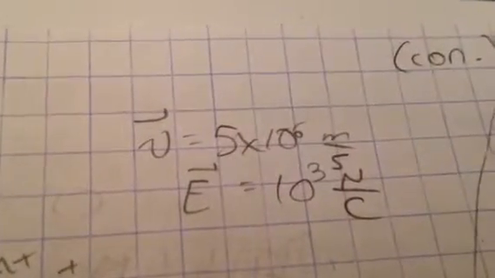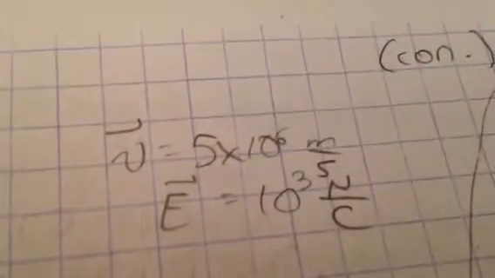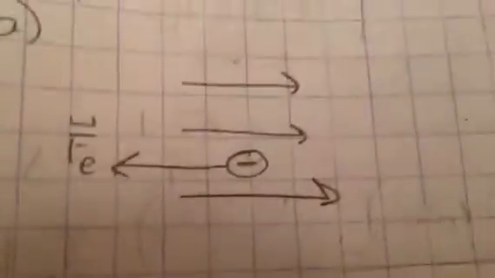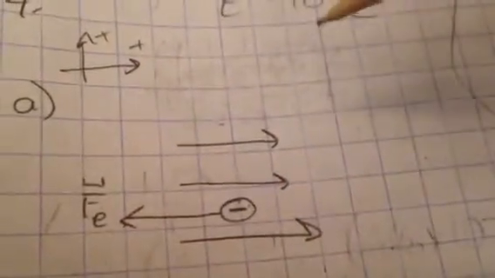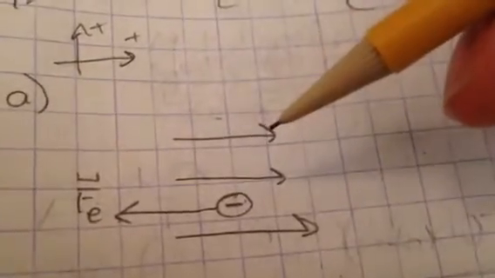Alright, so we're given that the velocity is equal to 5 times 10 to the 6 meters per second, and that the E field is equal to 10 to the third newtons per coulomb. So I just defined that, to the right is positive and up is positive as well. So we need to keep in mind the things that we learned, that the E field corresponds to a positive test charge.